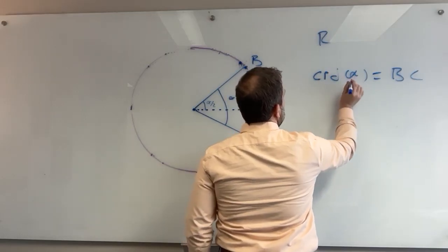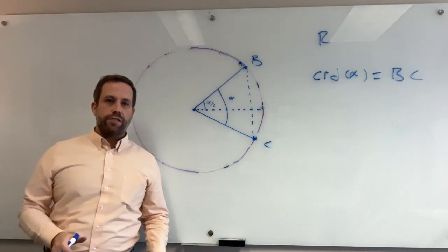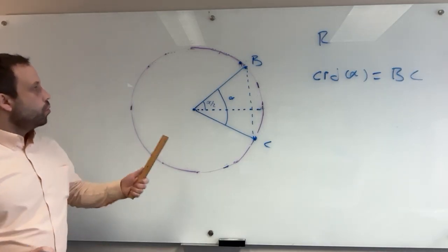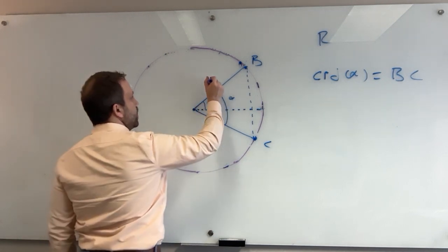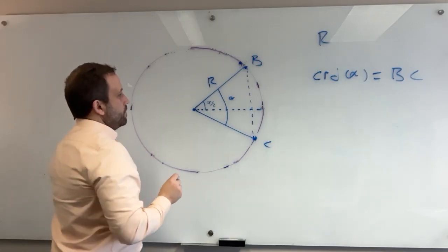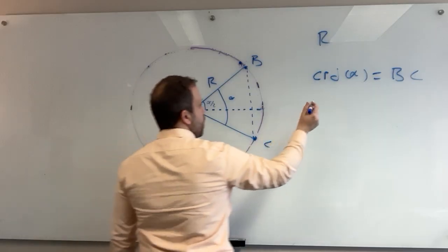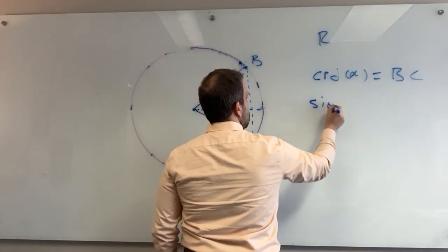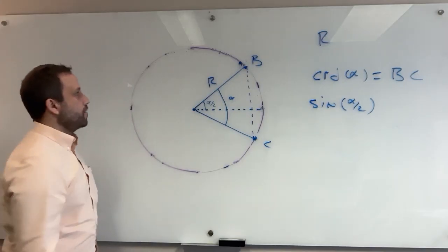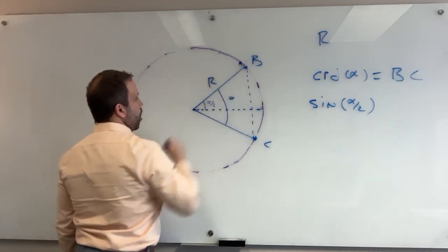Okay, so let's think about how the chord function is related to our modern sine function. Well, notice that this distance here, that's the radius, so that's r. If I look at this distance here, and I want to compute sine of alpha over 2, what is sine of alpha over 2 going to be? It's going to be this length divided by r.